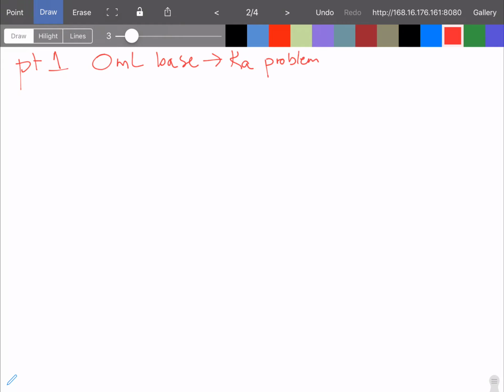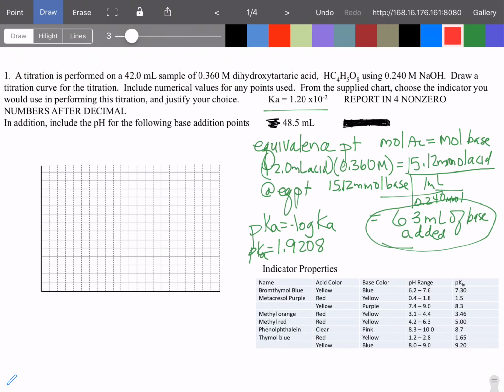Okay, so we're dealing with our acid, which was dihydroxytartaric acid, and nobody wants to write that out. So I'm going to call this HDHT.